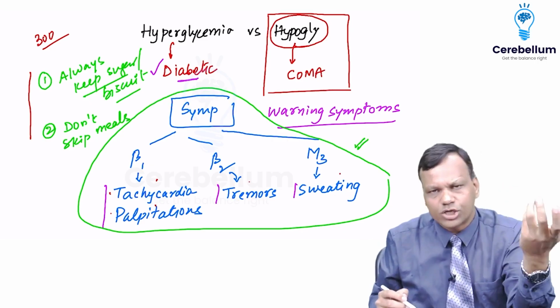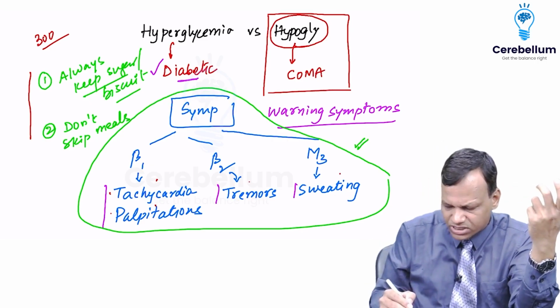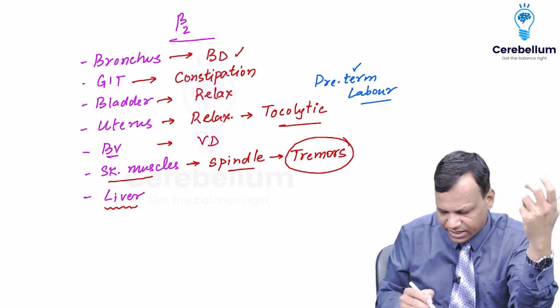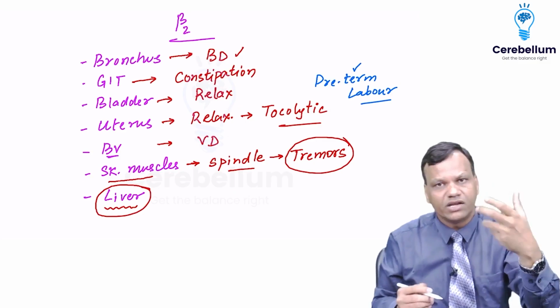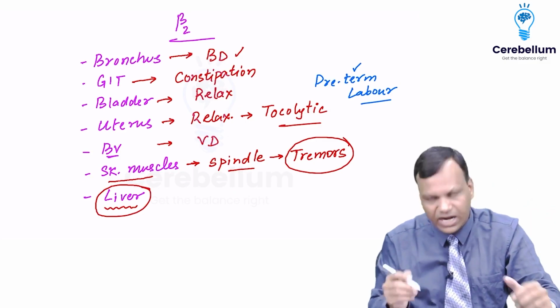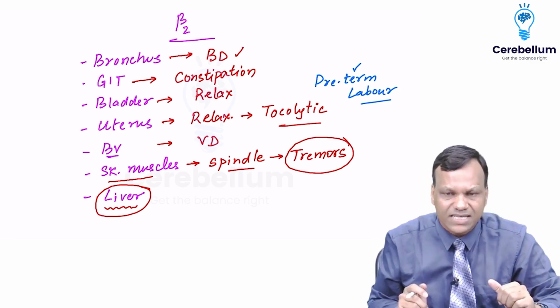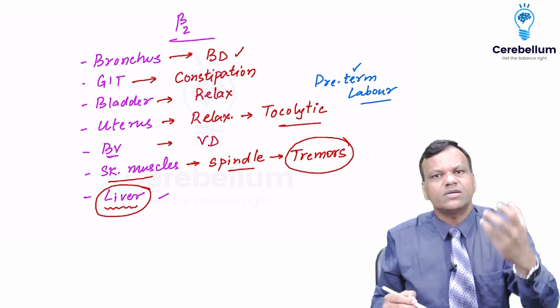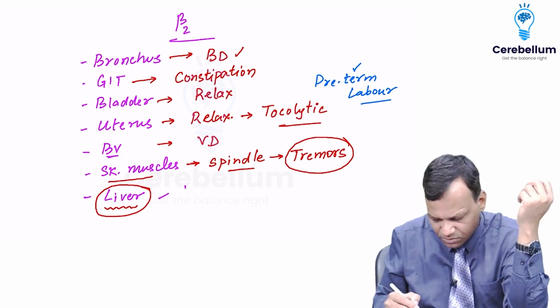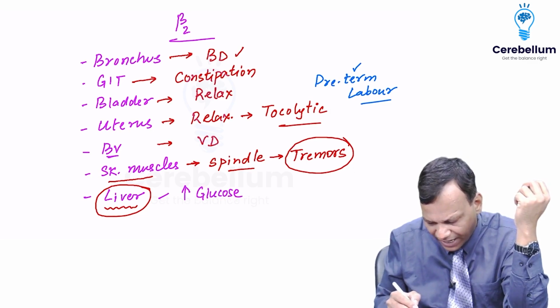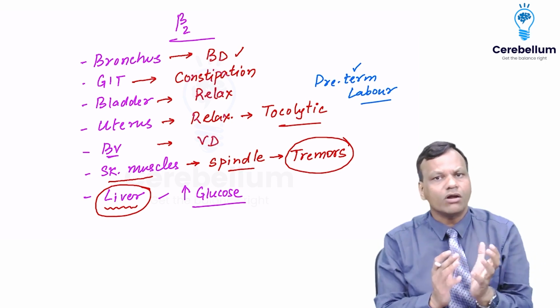If a person does not take sugar, the beta 2 receptors which are present in the liver will be activated. Liver and muscle are the sites of metabolism. So when beta 2 is stimulated at these areas, there will be a change in metabolism: an increase in blood glucose by acting on the metabolic organs.